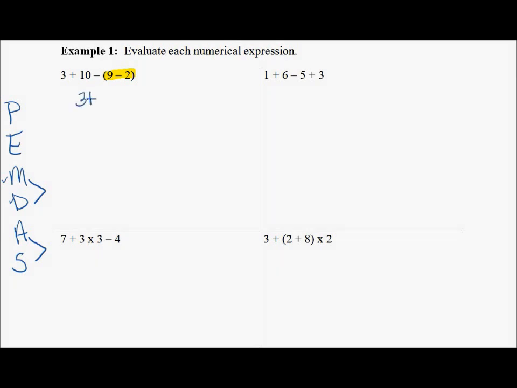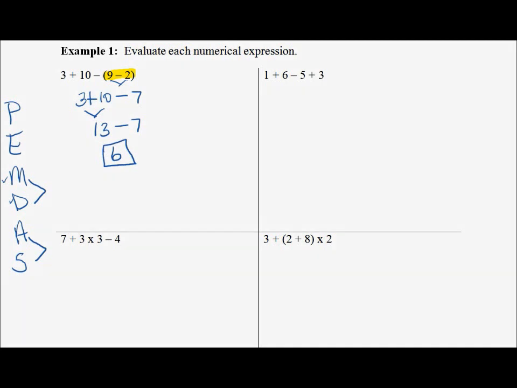I have 3 plus 10 minus, now in parentheses, I had 9 minus 2, which is 7. Now I'm just left with addition and subtraction, so I'll do that from left to right. 3 plus 10 is 13, bring down minus 7, and 13 minus 7 is 6. So my final answer for this one is 6.